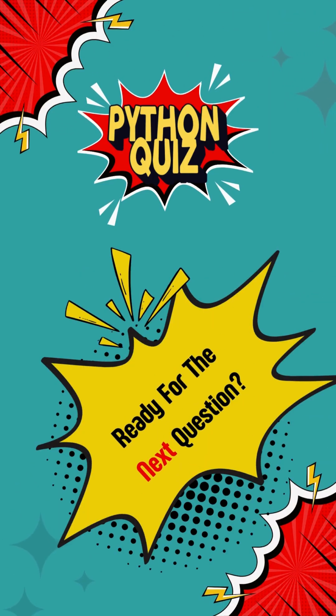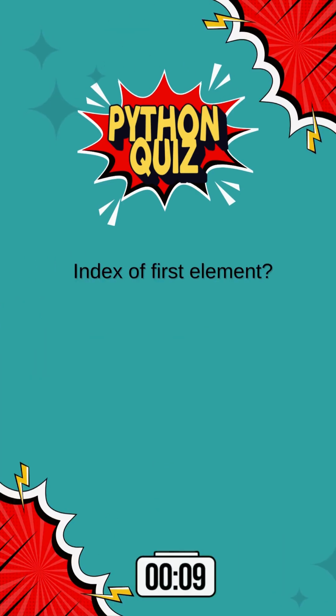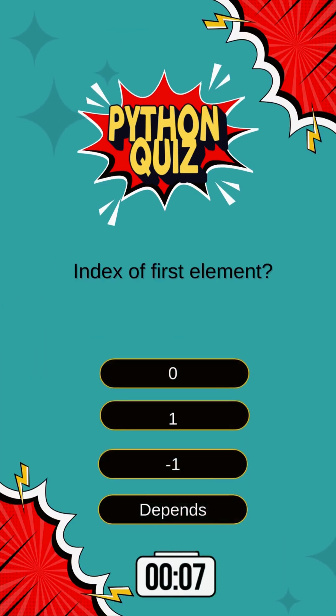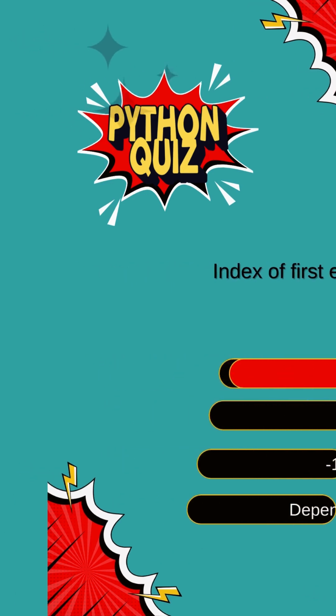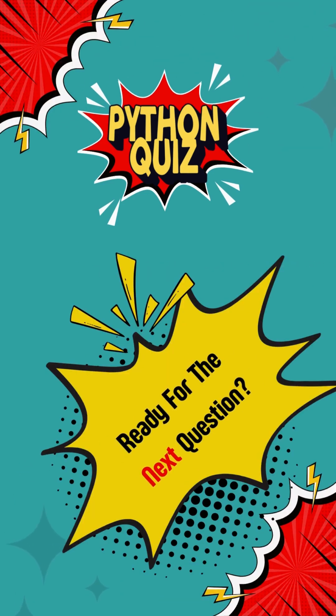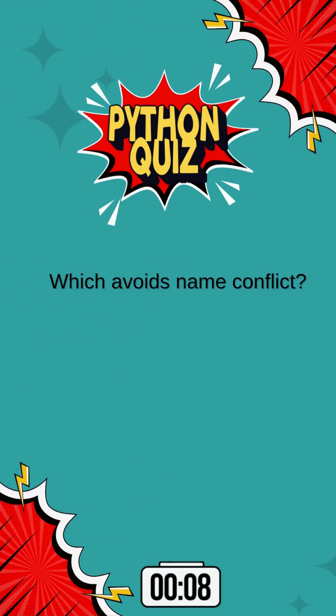Ready for the next question. Index of first element. Ready for the next question. Which avoids name conflict?